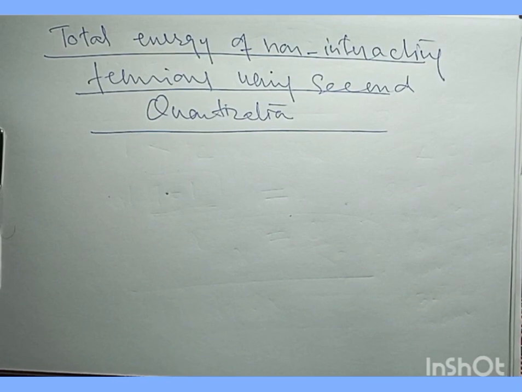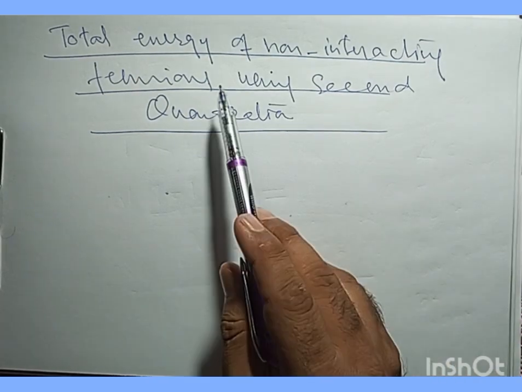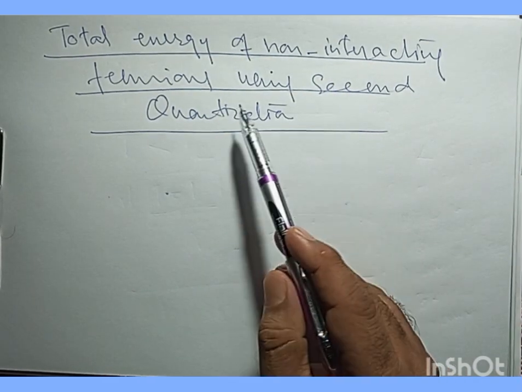Now let's move on from here and go into some more examples where we can at least start with second quantization. In this video, I'll be talking about the total energy of non-interacting fermions.